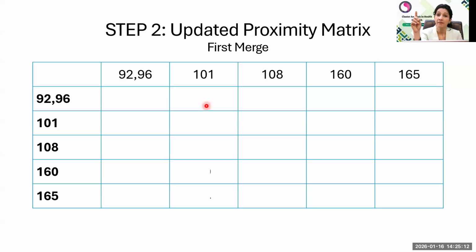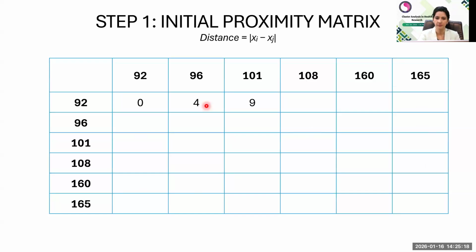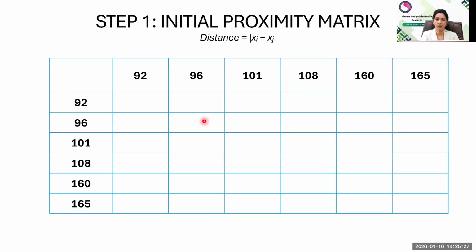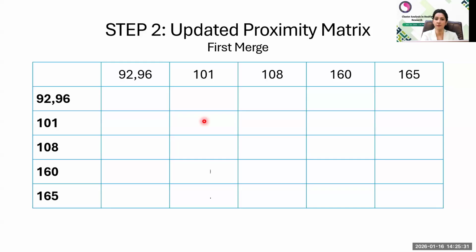So remember, we have used the term in single linkage, the minimum distance. I'll again come here. So in this, we are using the minimum distance, the single linkage method. So if there are two distances, 9 and 5, we will use the minimum. So minimum is 5. So that's why I have written 5.